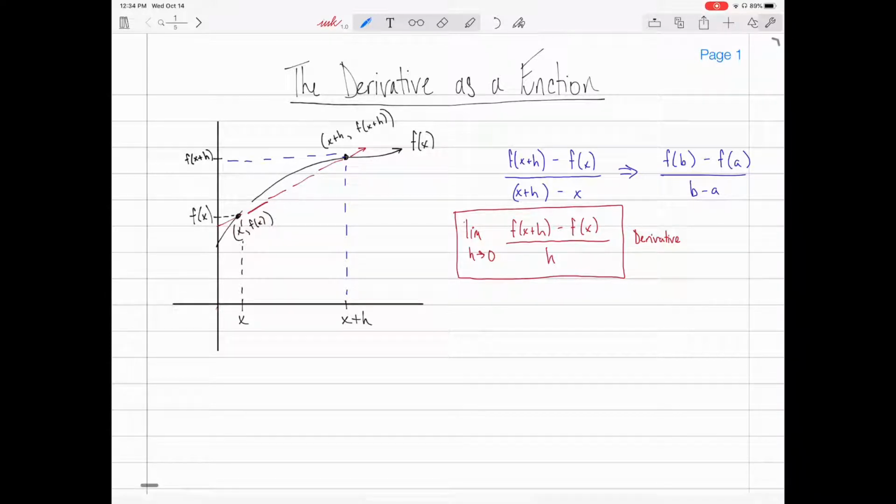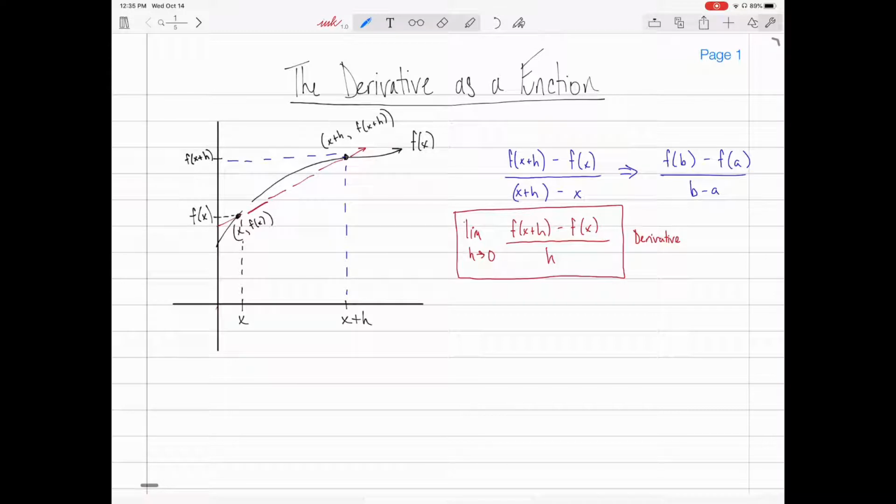These two black points on our graph, at x plus h, f of x plus h, and this point here, would be brought together as h is shrunk to 0. Eventually it would be x right here, and then you add a distance of h to get to this point, and that distance of h we're going to bring to 0. So what this is going to be called is the tangent line.